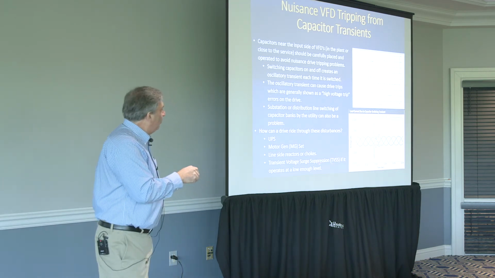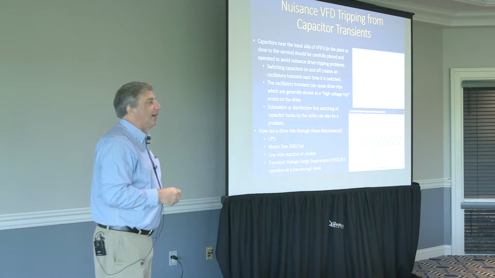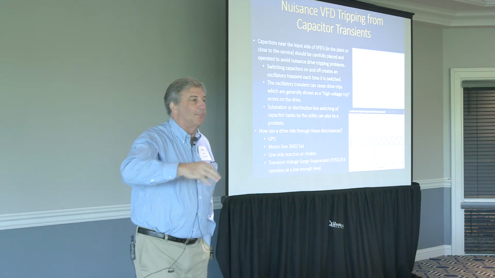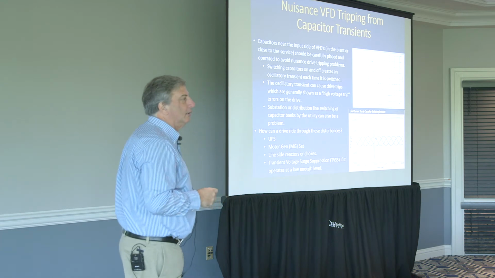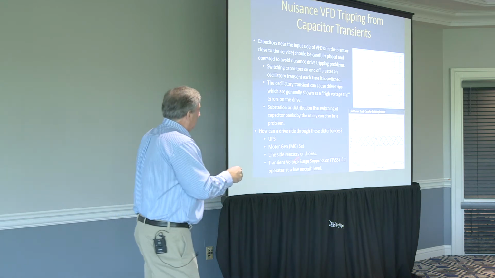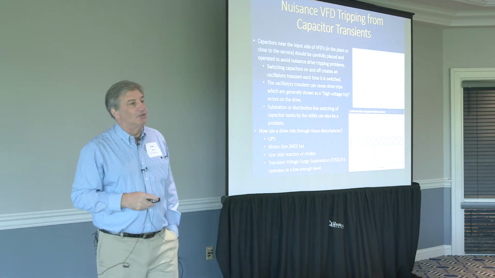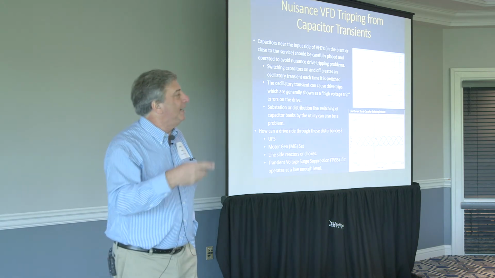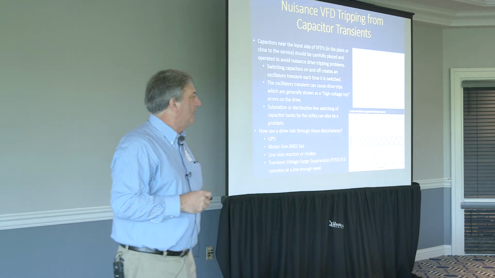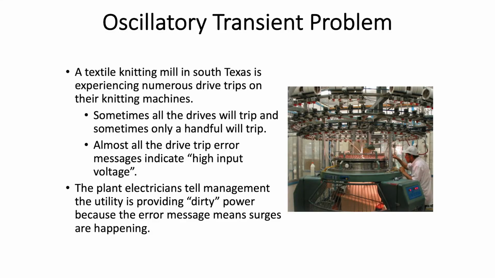If it has a low level of surge suppression, it can work. If it doesn't, a lot of people have said reactors or chokes are the cheapest, best, fastest thing we can do, as we're seeing out in the market today.